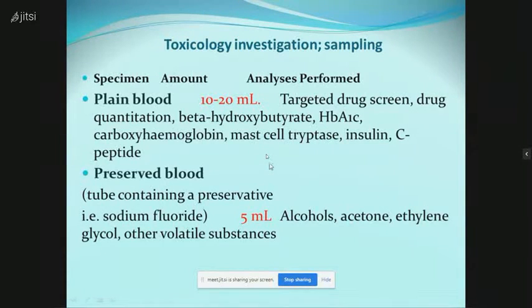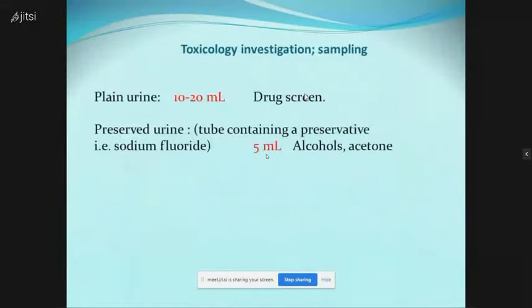This will give us the way to analyze the targeted drug screens and the beta-hydroxybutyrate and other substances. The preserved blood is mainly for alcohol, ethanol, and ethylene glycol and other volatile substances.